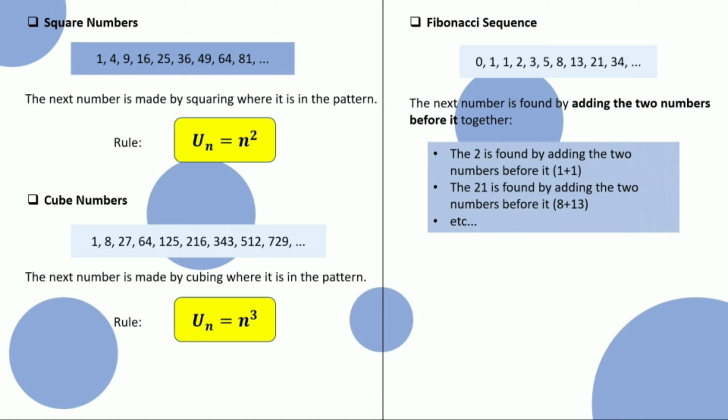For example, the 2 is found by adding the two numbers before it, 1 plus 1. And the 21 is found by adding the two numbers before it, 8 plus 13, etc. The rule is un equals un minus 1 plus un minus 2.